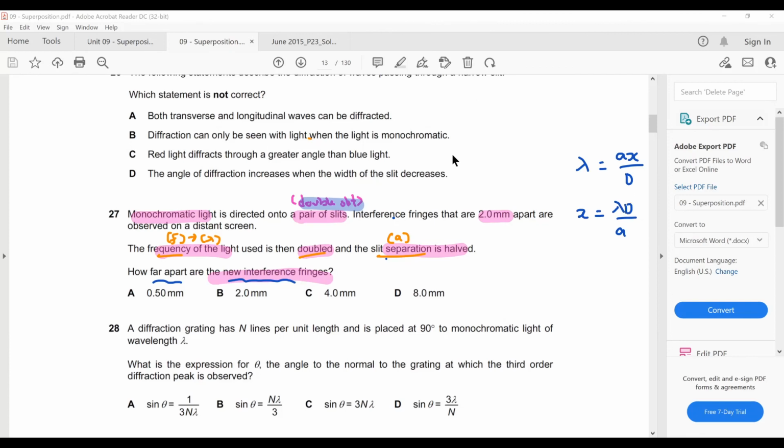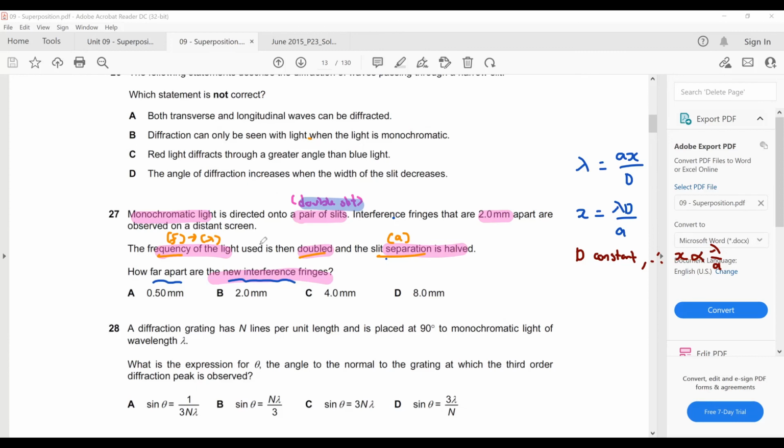So D is constant, therefore X is proportional to lambda over A. From here you can split your working into two types, the short method and the long method. I'll show you the short method first.